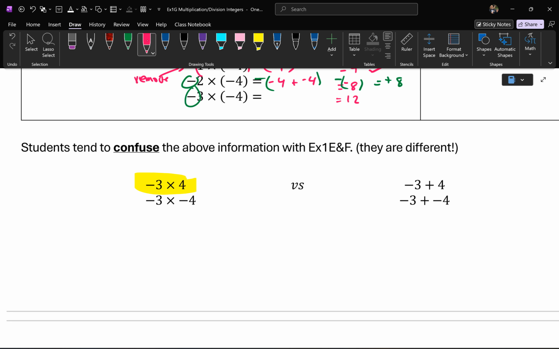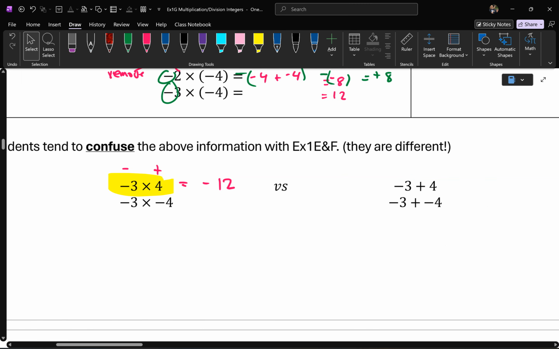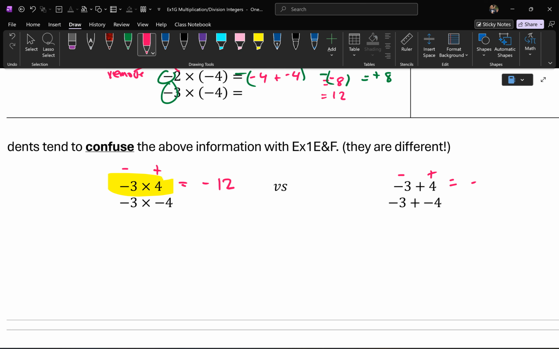Negative, positive. So your brothers and sisters or siblings who are older, they usually get this one right. Negative 3 times 4, and they're like, yep. Overall answer is negative because they're different signs. So it's negative, and 3 times 4 is 12. Then when they do addition, they think the same. They say, negative, positive, answer's negative, and they say 3 plus 4 is 7, or 4 take away 3 is 1.